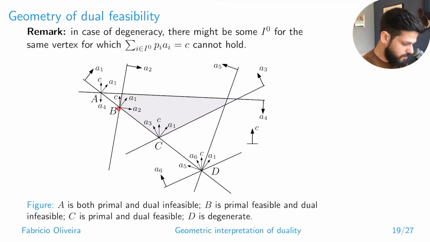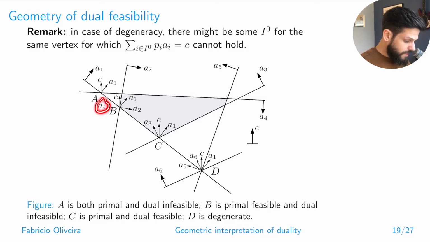It's not primal feasible because it's not within the polyhedral set that defines the feasible region. And it is also not dual feasible because I cannot write C as a combination of these vectors. I don't know if you can see, but C has a tiny little inclined component here, meaning that I wouldn't be able to write that. So it's not in the cone formed by these two vectors.